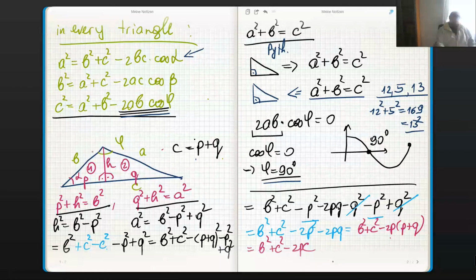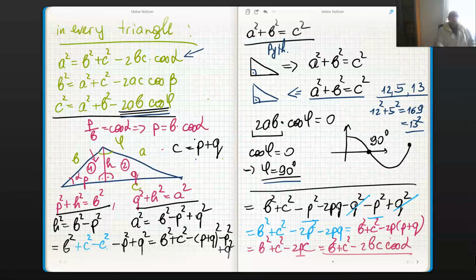And now if you look at this triangle, you'll see that if you have p and you divide it by b, that would be the cosine of alpha, so that means p is equal to b times the cosine of alpha. I can substitute p through b times cosine alpha, so it's b squared plus c squared minus 2bc cosine of alpha. And if you check it, it's exactly the statement of the cosine rule.